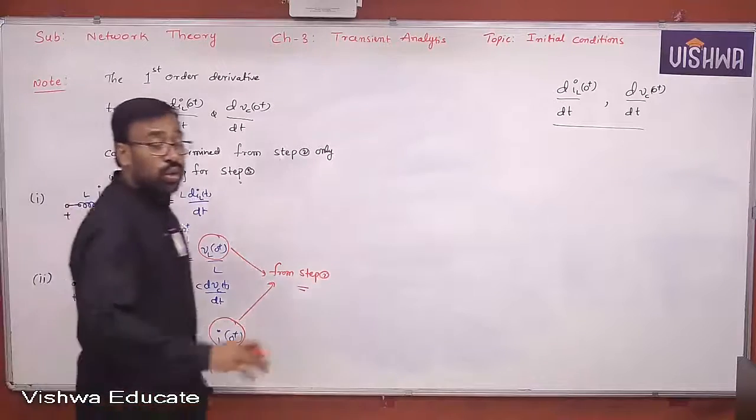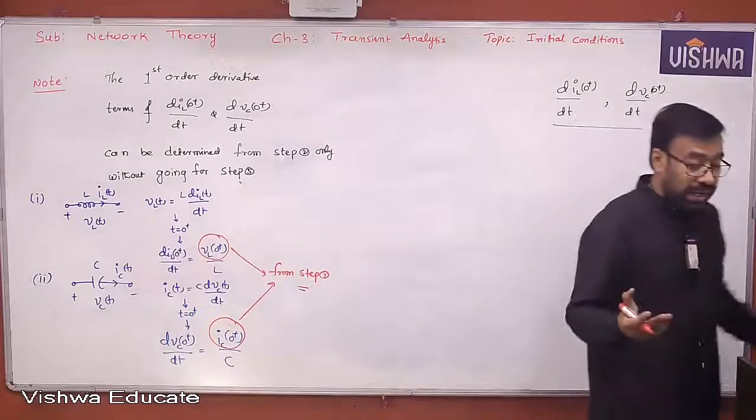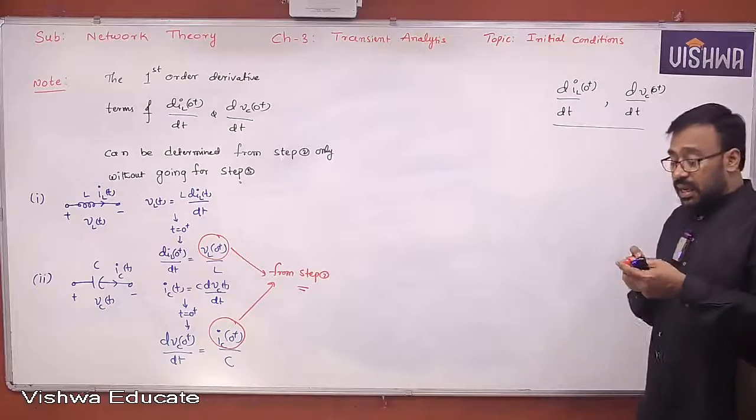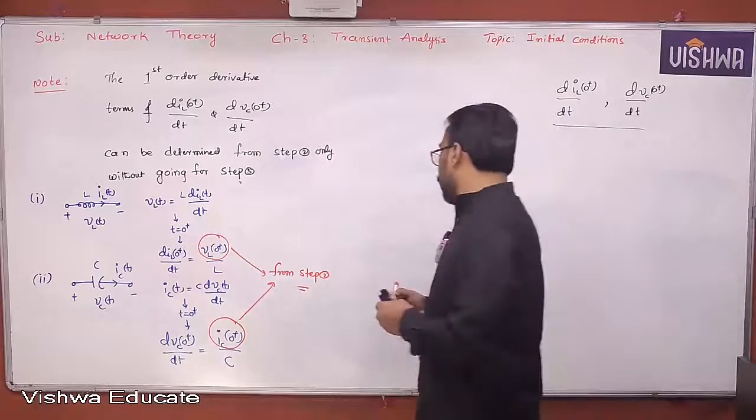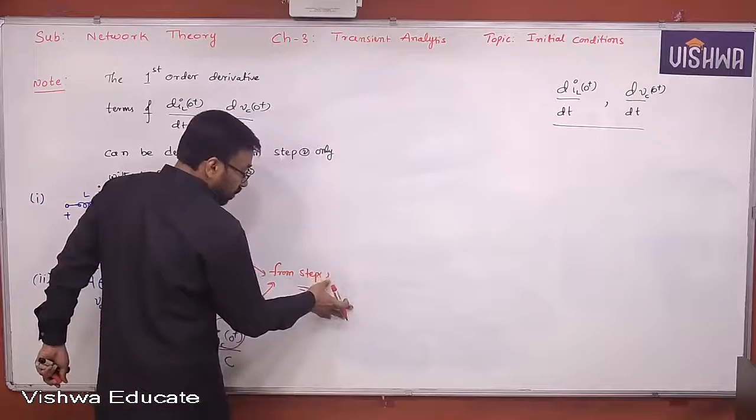Yes or no, all of you? Current through capacitor can be determined at step 2 only. Voltage across the inductor and current through capacitor at t equal to 0 plus can be determined from step 2 only.